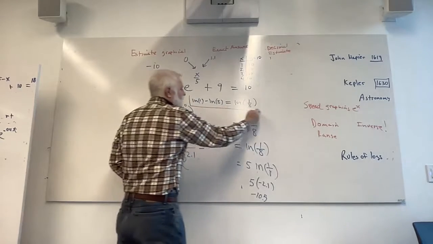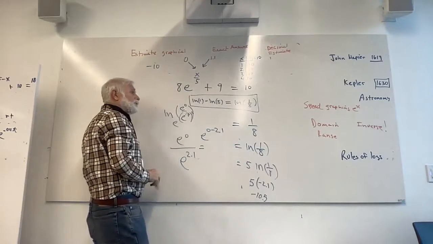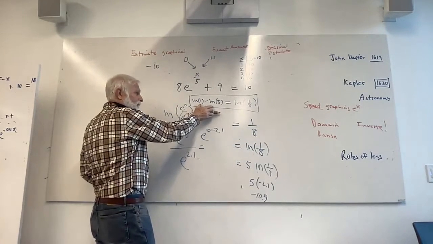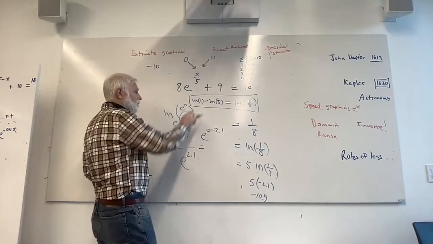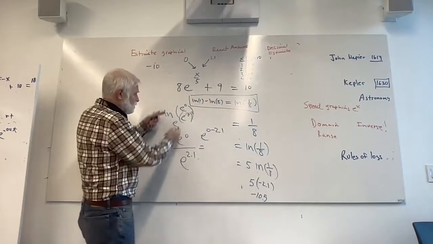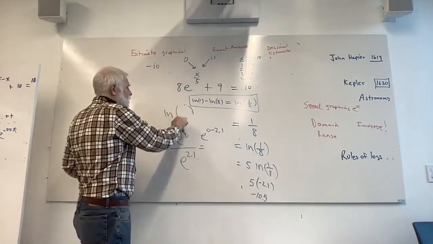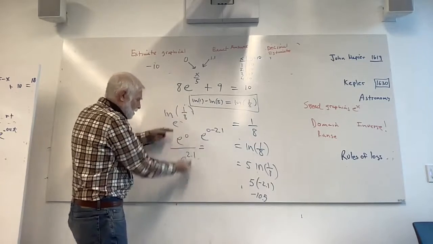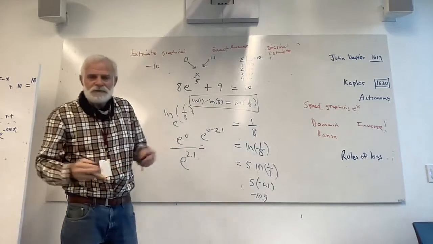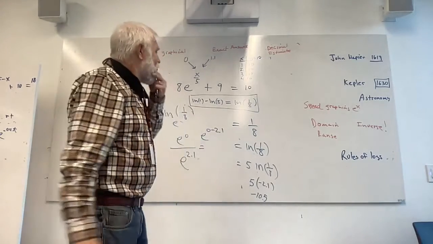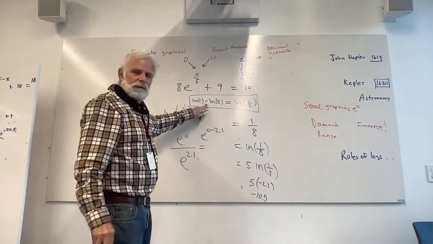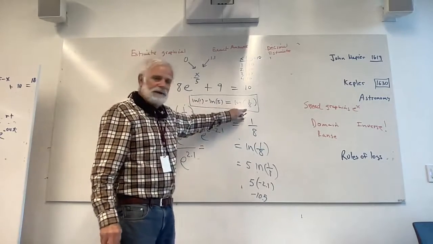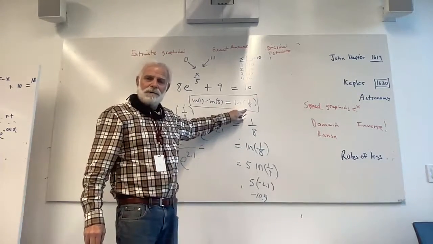I think there's a pattern here. Sure looks like I could simplify this that way, and it looks like I'm dividing. Oh yes, I started here, didn't I? I started with a division with all of this e to the. That's what's going on. All right, so subtraction of logs implies it comes from a division statement.